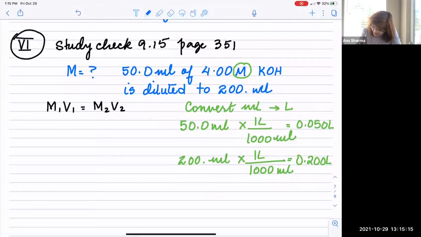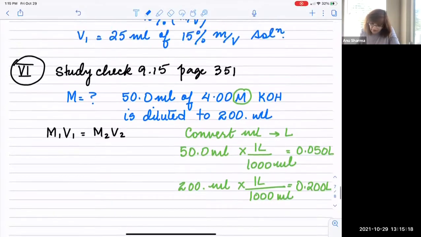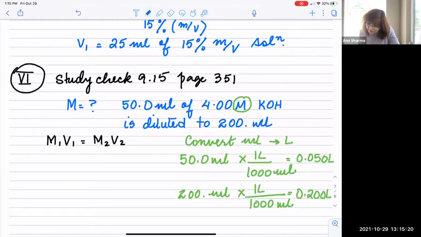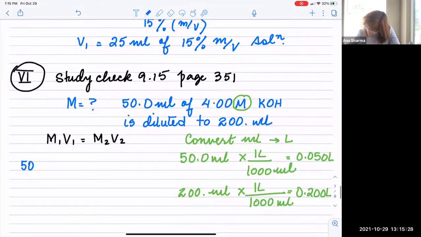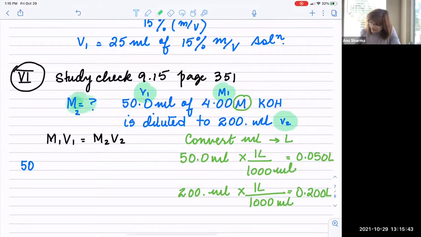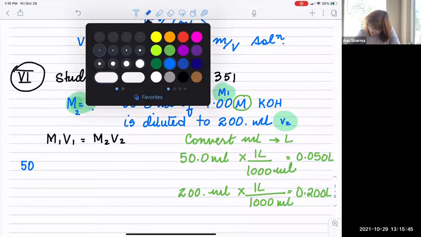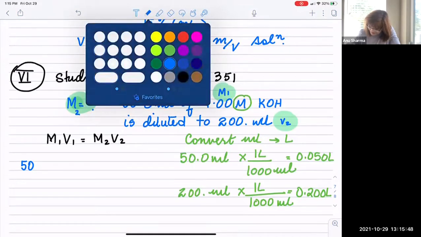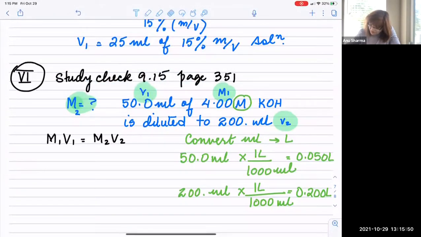So we have M1 V1 is equal to M2 V2, and we need to find the molarity. V1 is given, M1 is given, V2 is given, so you need to find M2.